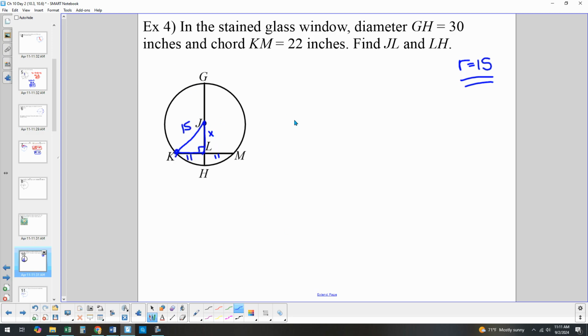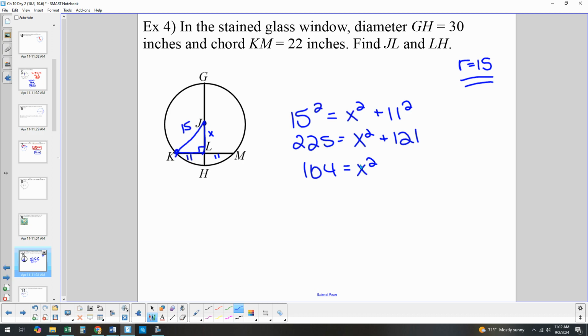We know 15 is the hypotenuse. So 15 squared equals x squared plus 11 squared. So we're going to get 104 equals x squared. I'm going to guess this is a little bit more than 10. And it is 10.2. So that means JL is 10.2.